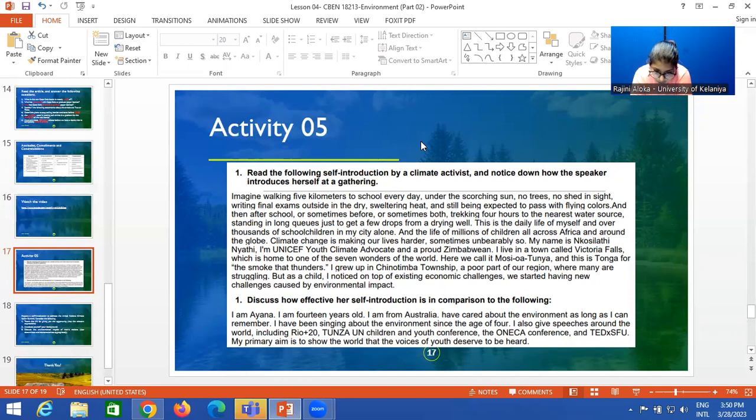I grew up in Chinotimba Township, a poor part of our region where many are struggling. But as a child, I noticed on top of existing economic challenges, we started having new challenges caused by environmental impact.